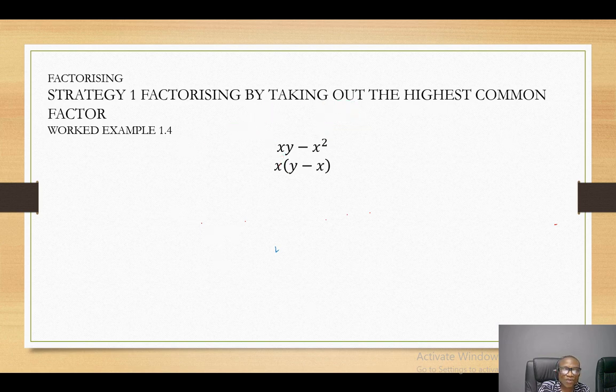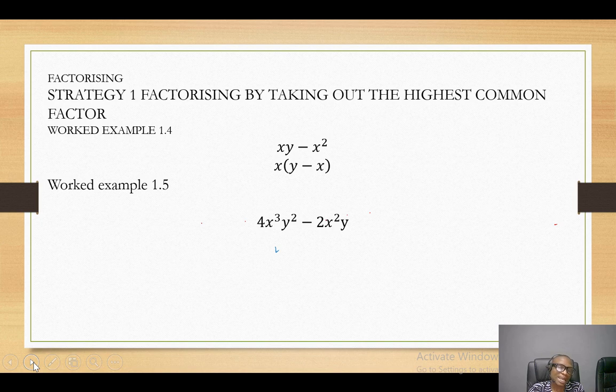Okay, so let's go for the second example, which is 4x cubed y squared minus 2x squared y. I love this expression here. How many terms does it have? Let me explain another thing which is important.